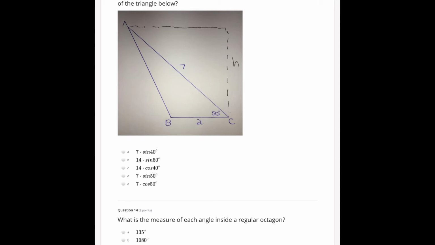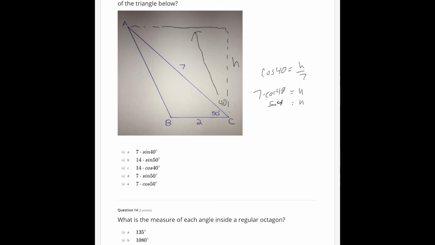So my height here, this would be 40. And so we're going to do cosine. Cosine 40 equals my height over 7. Height equals 7 times cosine 40. Let's see what we get on that. 7 times cosine 40, I get 5.4.